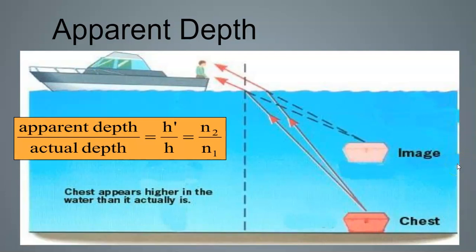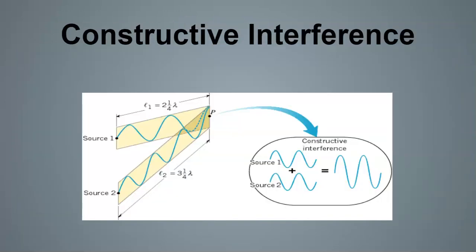So if you throw a penny in a pool and you're diving for it, you reach for the penny, and it's not where it looks like it is. If you're bow fishing, trying to shoot a fish with an arrow, it would look like the fish was there, but it would actually be closer to you and much deeper than you think it is. That's kind of an interesting little thing.